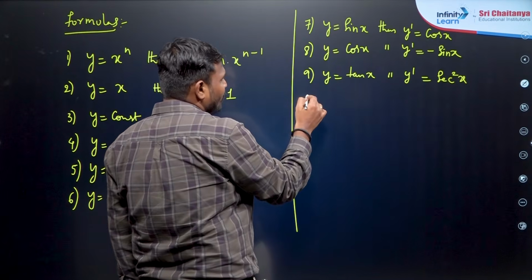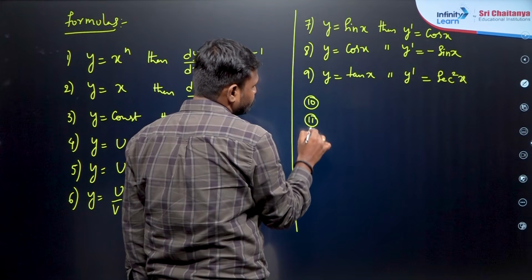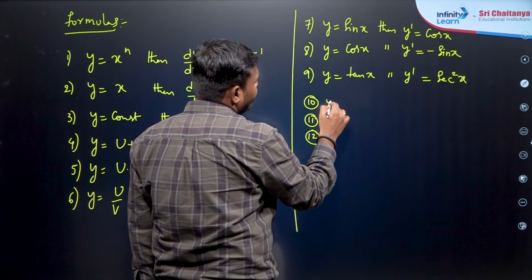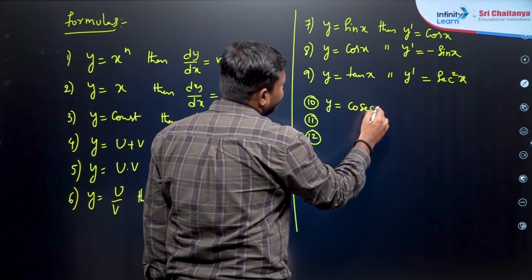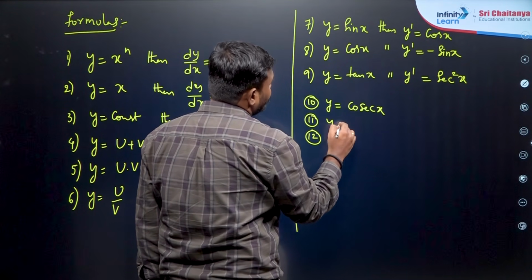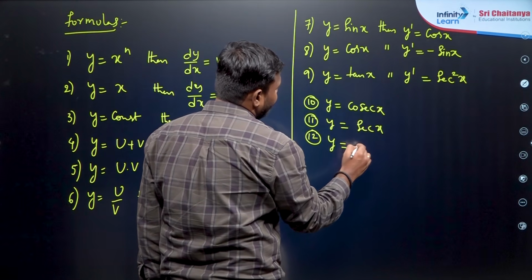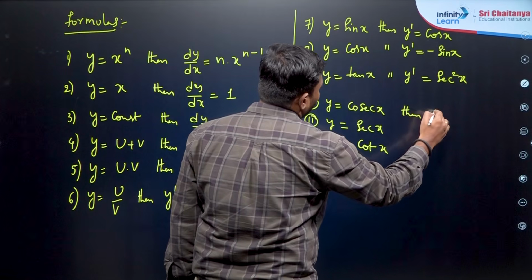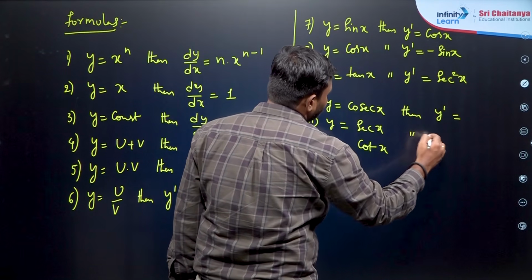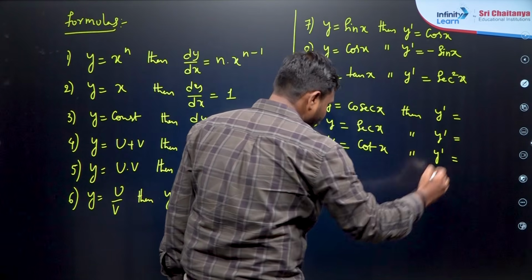I'll give you homework. You have to solve y is equal to cosecant x, secant x, cot x. Now this is your homework. You have to find the derivatives of these.